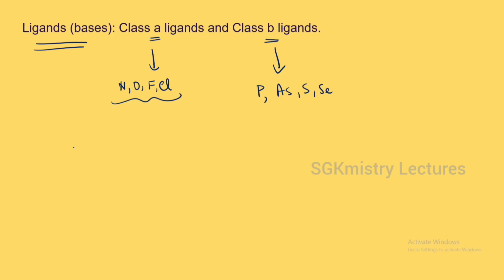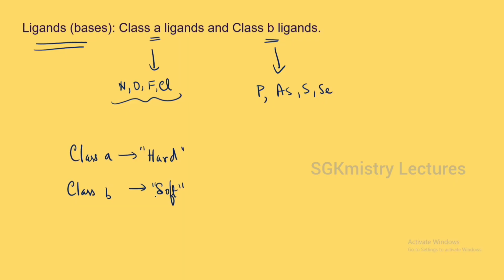So whatever was considered under class A, those are considered as hard. So class A metal ions as well as class A ligands are hard acids as well as hard bases respectively. Similarly, class B metal ions as well as the class B ligands are considered as the soft acids as well as soft bases respectively. Okay, so this is one basic rule you need to remember.